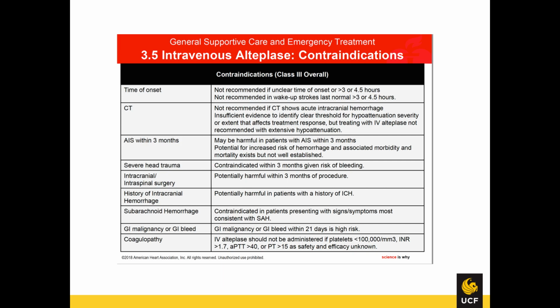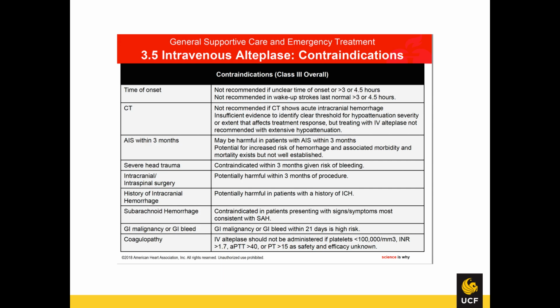Intracranial or intraspinal surgery can be harmful within 3 months. History of ICH, potentially harmful in patients that do have a history of it. Subarachnoid hemorrhage, it's contraindicated. GI malignancy or GI bleed within 21 days, yes, they're a very high risk. If it's more than 21 days since the bleed, you're okay.